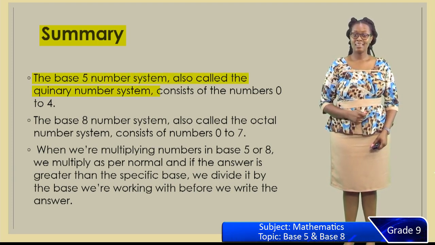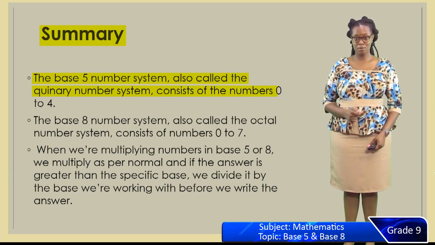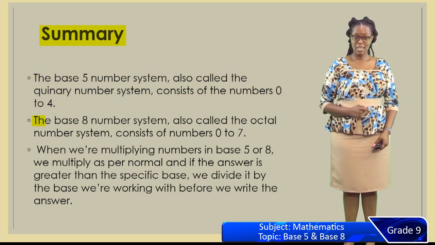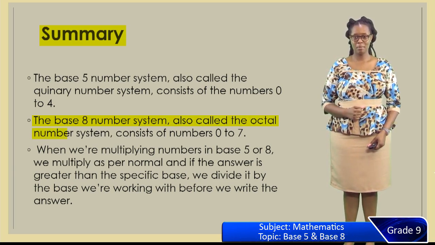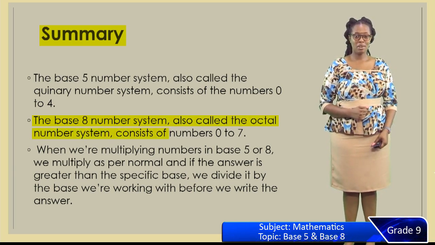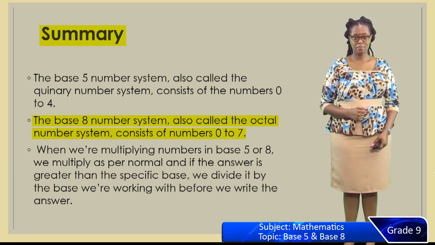So, to summarize today's lesson, the first point, the base 5 number system is also called the quinary number system, and it consists of numbers from 0 to 4. The base 8 number system, on the other hand, is called the octal number system, and it consists of numbers from 0 to 7.